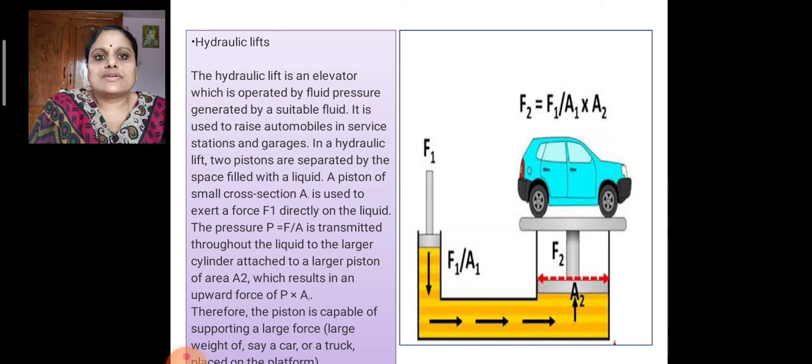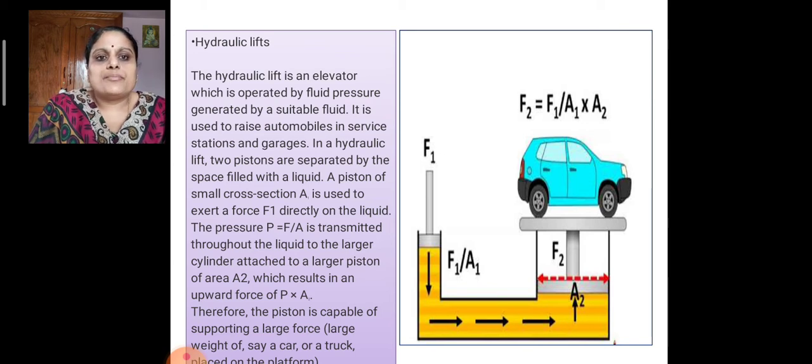So a hydraulic lift is an elevator which is operated by fluid pressure generated by a suitable fluid. It is used to raise automobiles in service stations and garages. In a hydraulic lift, two pistons are separated by a space filled with a liquid. A piston of small cross-sectional area A is used to exert a force F1 directly on the liquid.